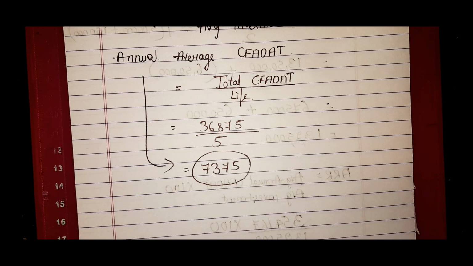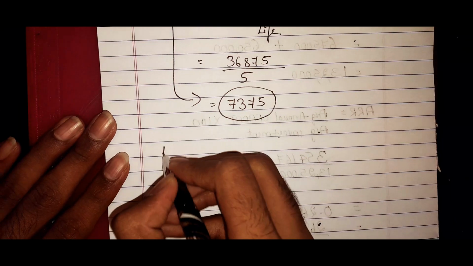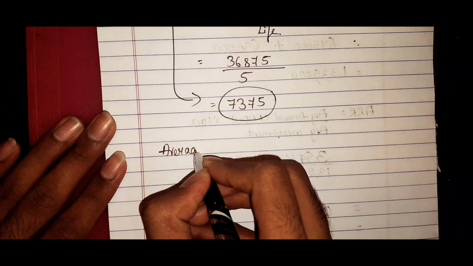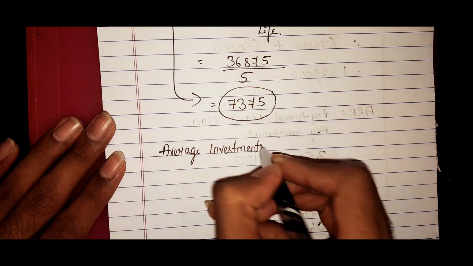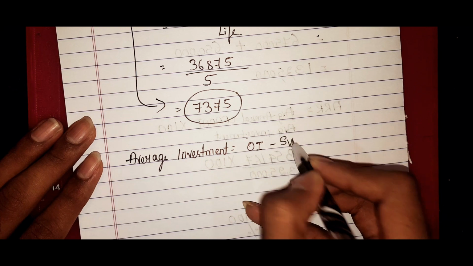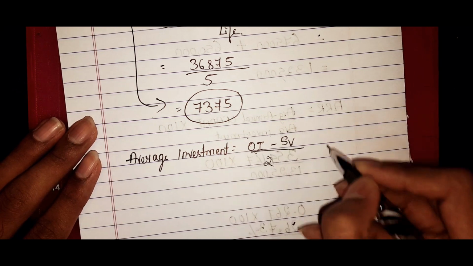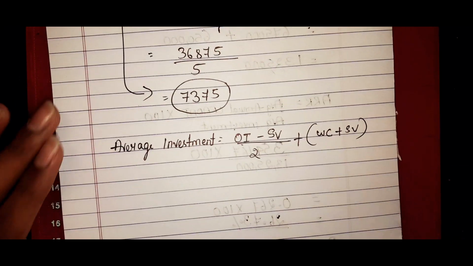Now we have to calculate average investment. The formula to calculate average investment is equal to original investment minus scrap value divided by 2, plus working capital plus scrap value.